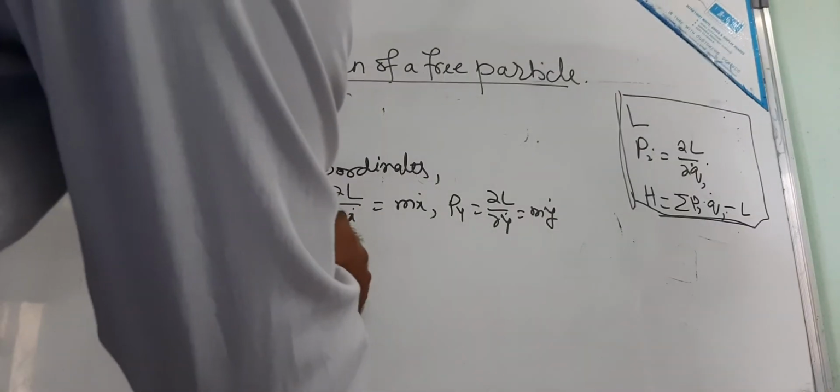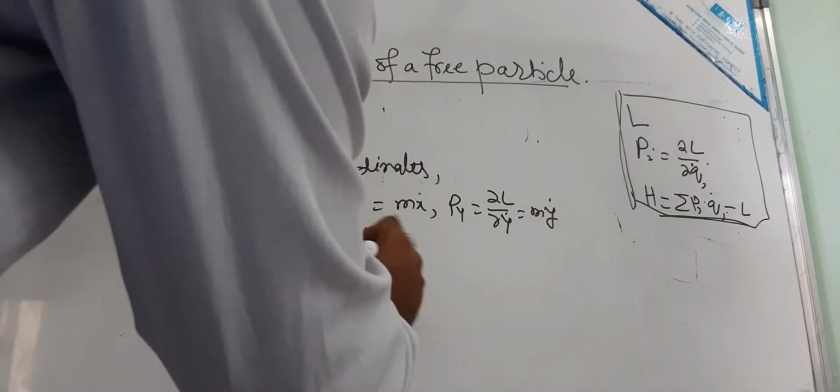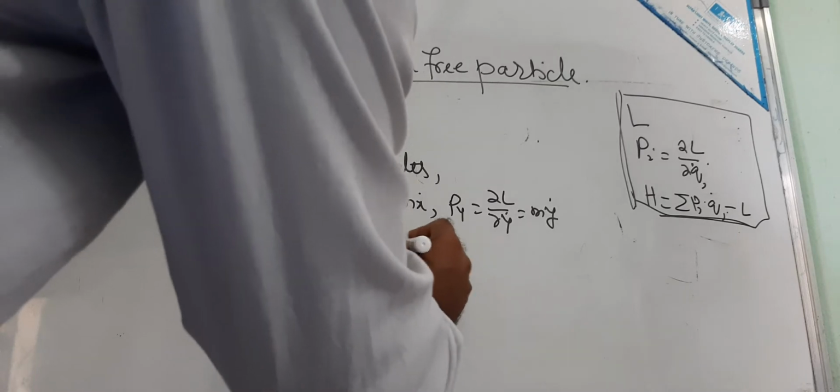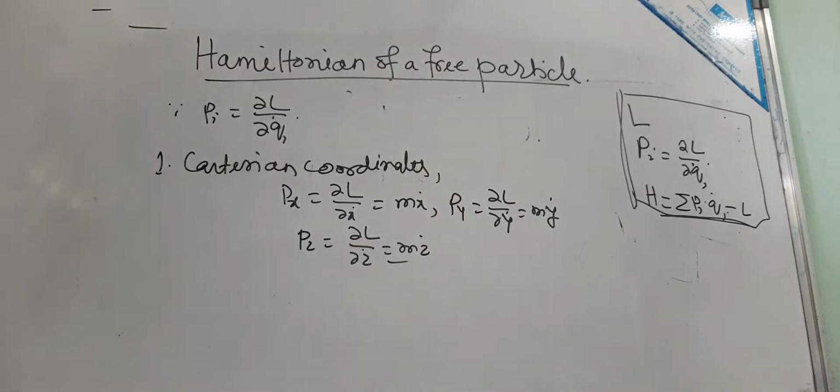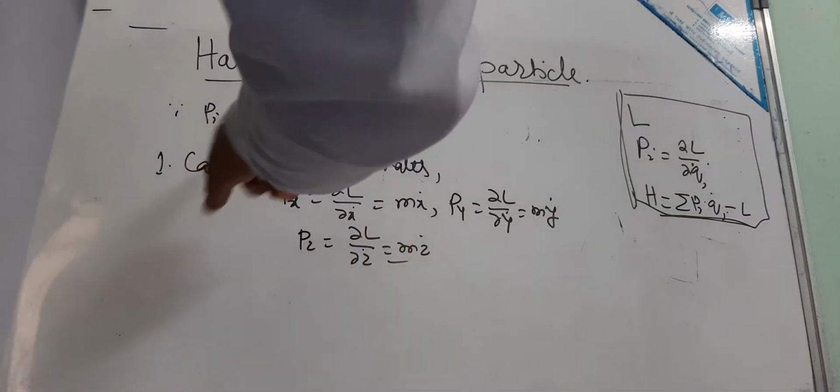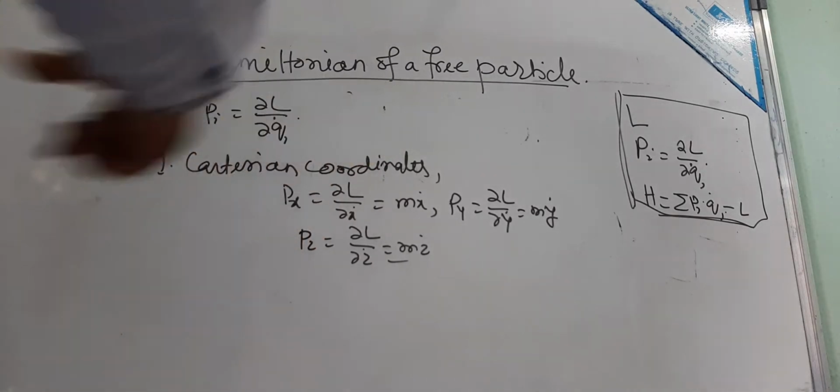Similarly, Py equals del L by del y dot, that is m y dot, and Pz equals del L by del z dot, that is m z dot. So we got Px, Py, Pz in the Cartesian coordinate system.